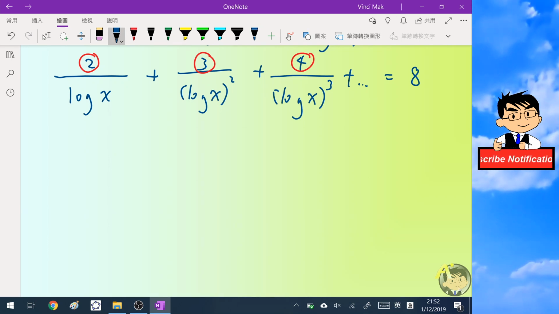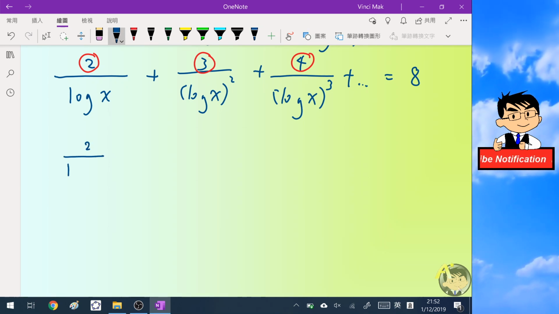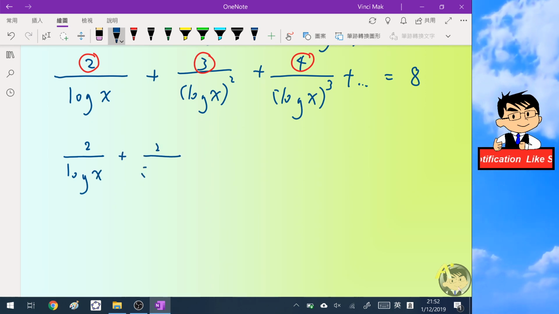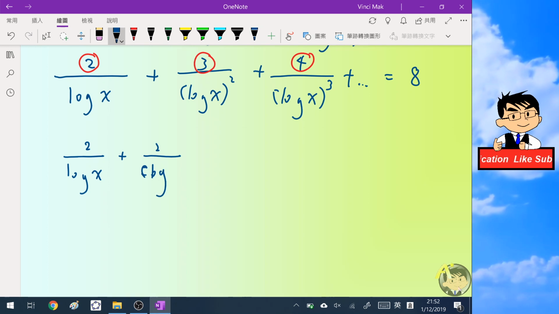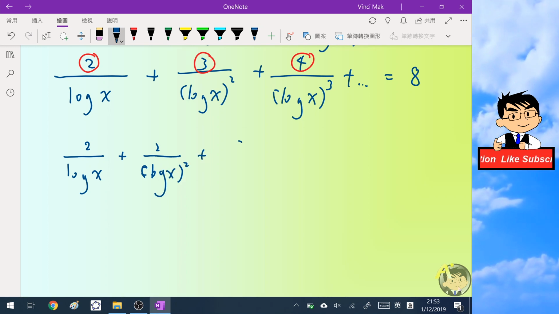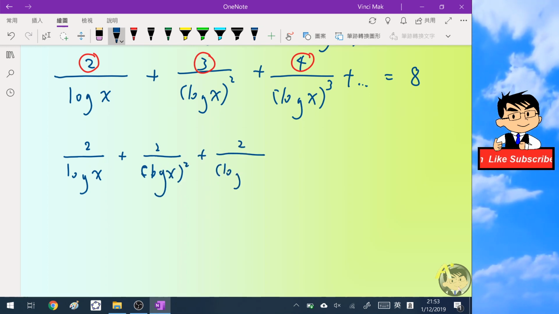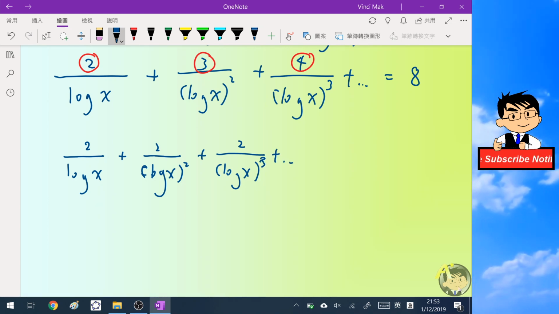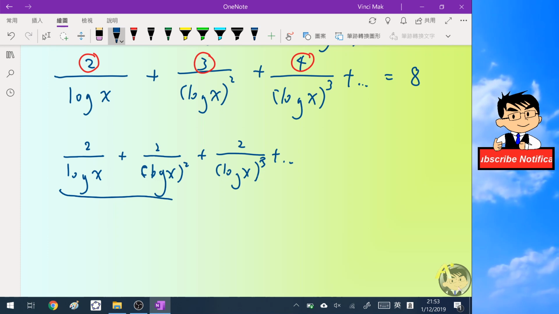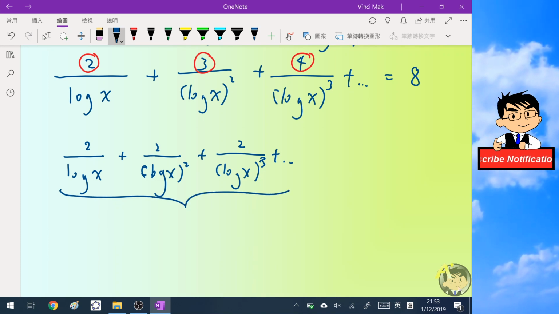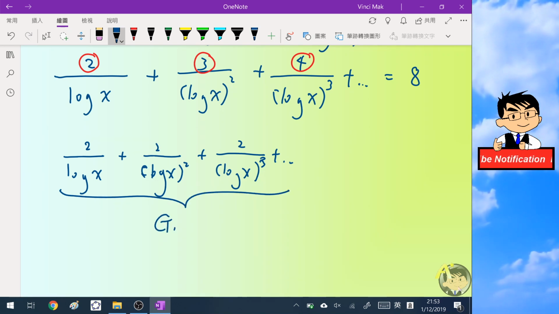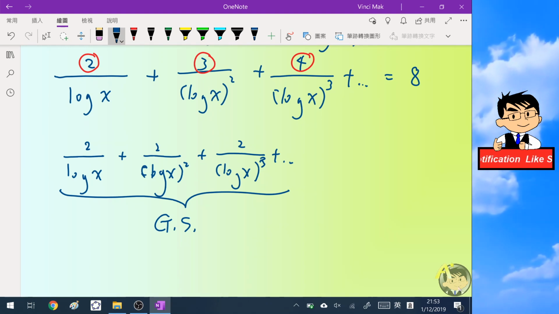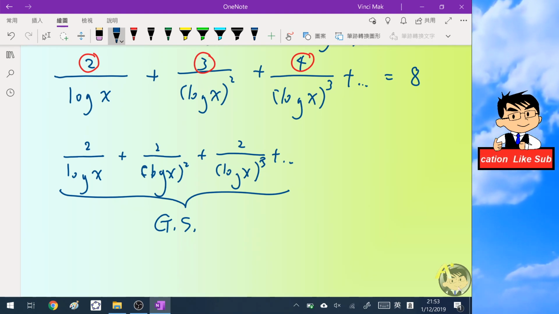For example, if we can make it become 2 over log x plus 2 over log x whole square plus 2 over log x whole cube plus ... Then this series is a geometric series, so we can apply some formula to simplify the terms. So how can we proceed?